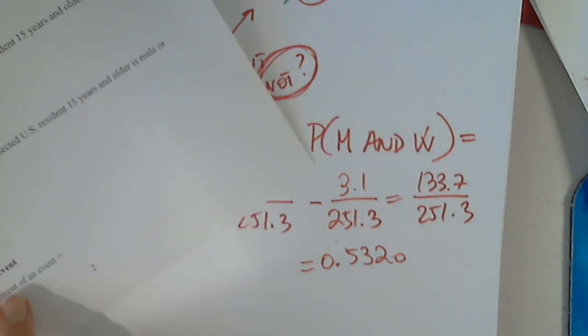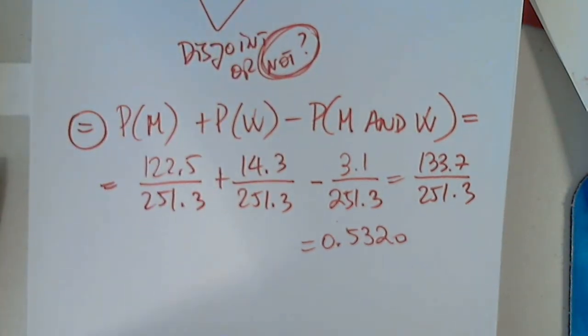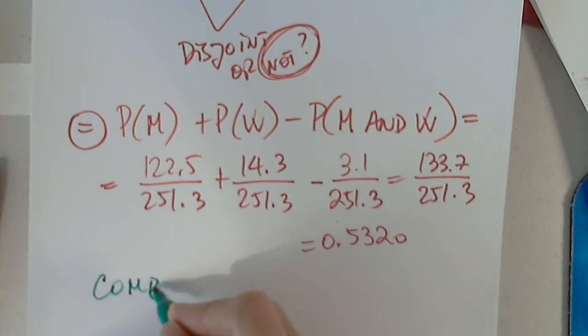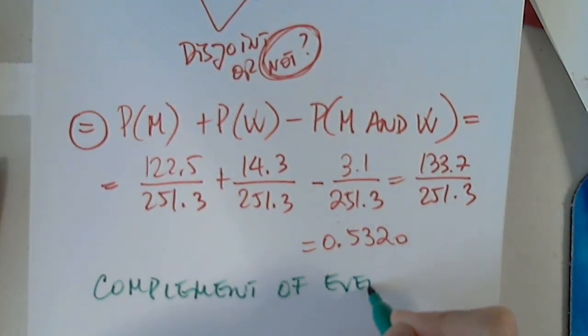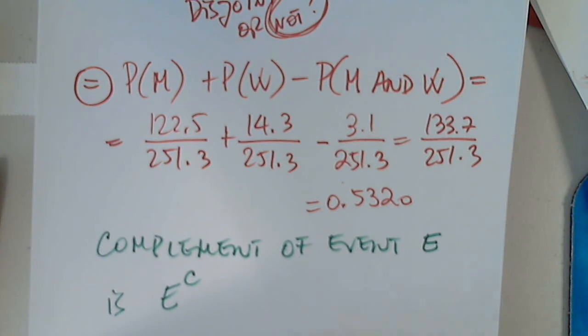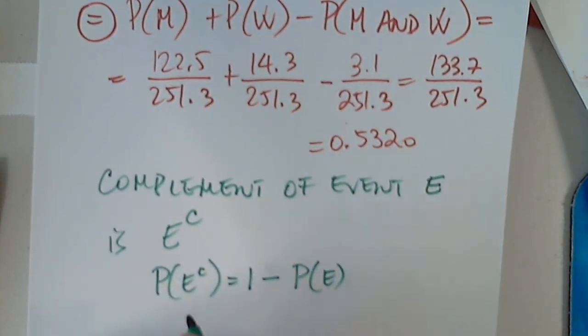Last time we talked about the complement of an event, and if you remember, we wrote, so complement of any event, let's say event E, is E complement. And it's always the case that the probability of E complement is 1 minus the probability of E, and vice versa.